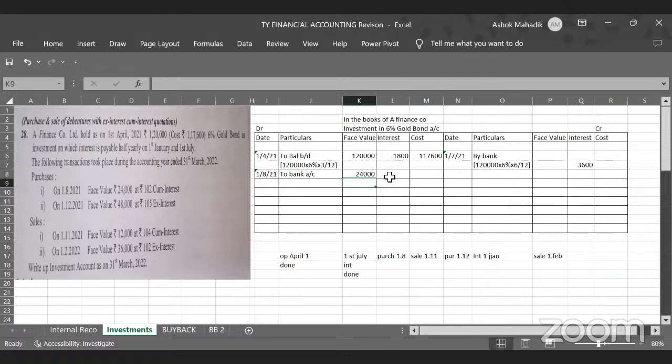At 102 cum interest. What is cum interest? See, whenever a price for any share or debenture is quoted, it may include an element of interest. Suppose from the last interest date, 3 months have passed, so I am eligible to get 3 months interest.